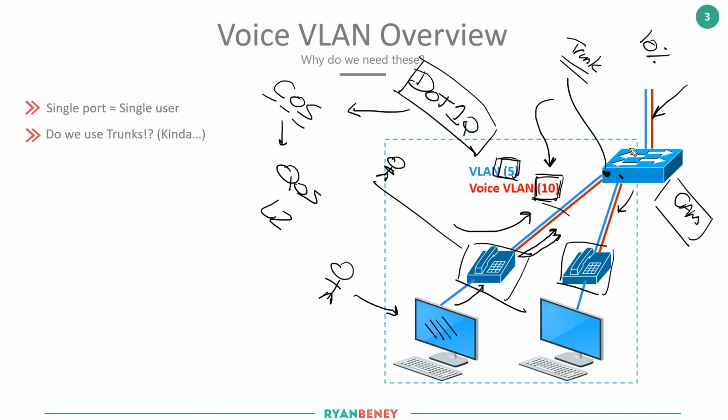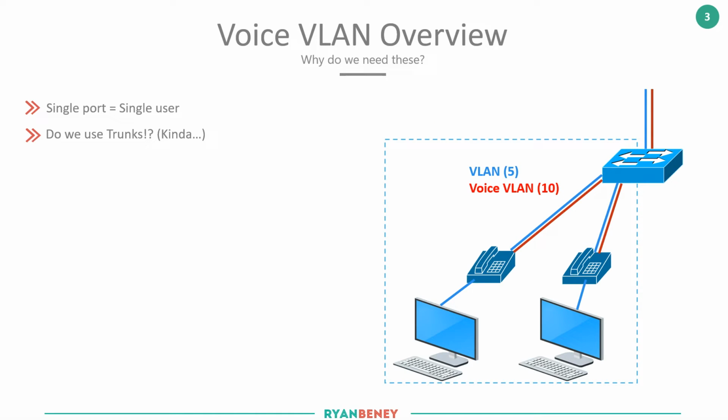I don't want to go too far off scope there, but what do we need to know at this point? Yes, in the past, before voice VLANs existed as they do today, we configured trunks downstream and allowed the two VLANs upstream into the switch. It allowed us to have a single port, a single user, and we used those trunks for security and QoS.